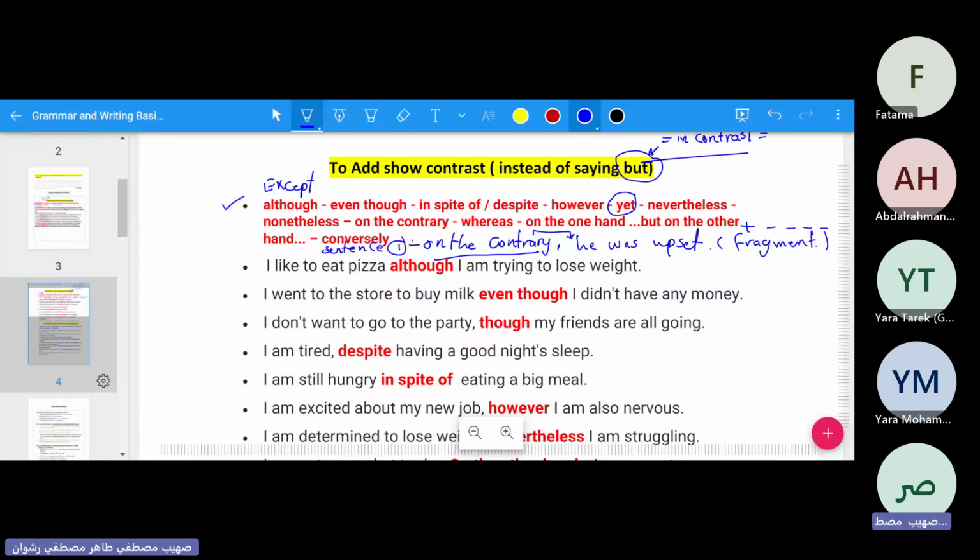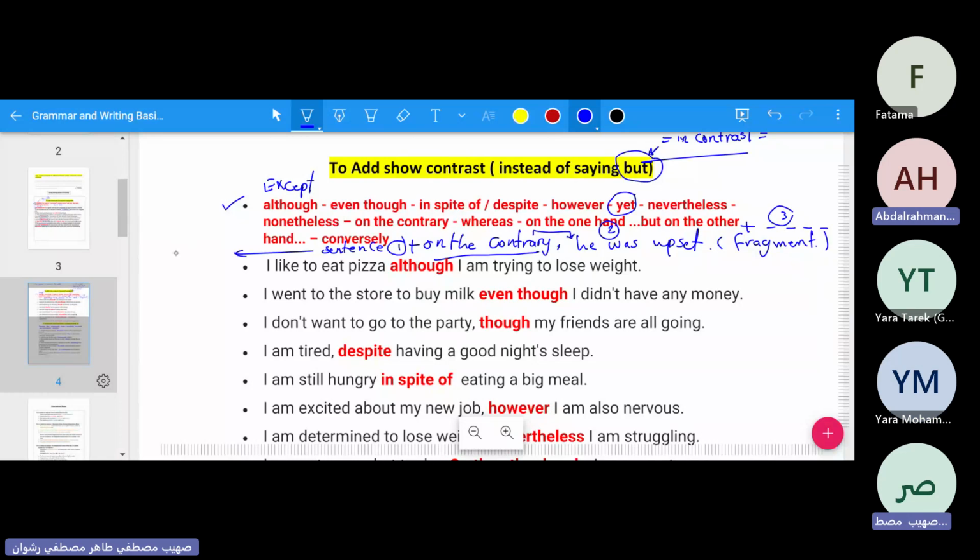Here is sentence 1 plus on the contrary, comma, sentence 2, and the third sentence you added. That's what you meant, right? Yeah. He was upset, I put comma and he is alone. This is a compound complex sentence.